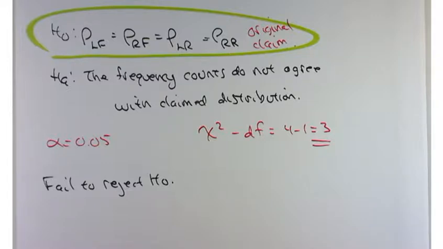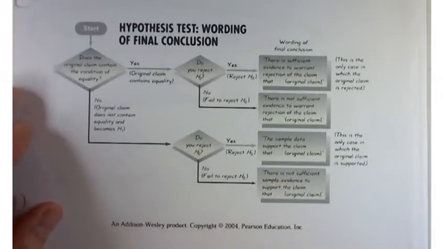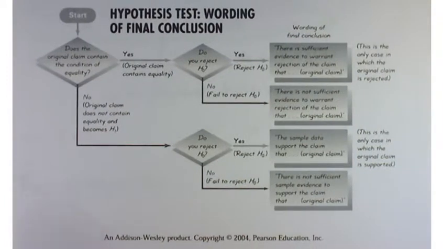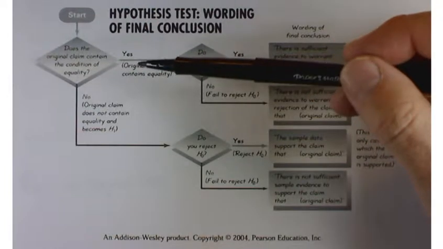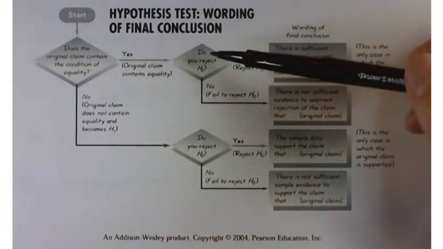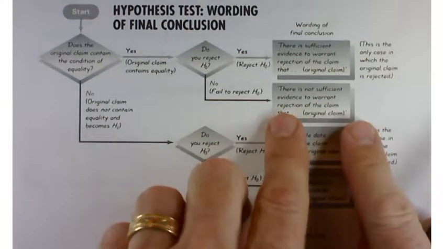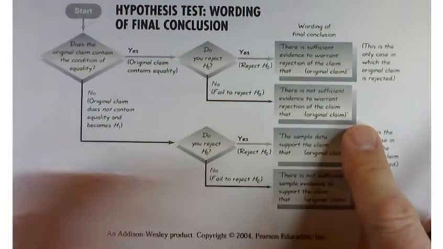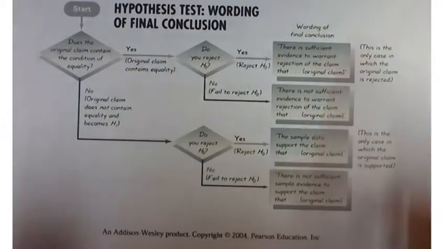Does your original claim contain the condition of equality? Yes. Do we reject H naught? No. So there's not sufficient evidence to warrant rejection of the claim that the probability of selecting a particular tire fits a uniform distribution.